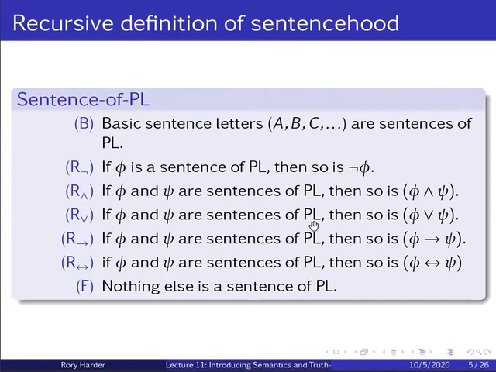So what we need for the semantics is a rule for saying that for any conjunction, no matter what the first conjunct phi is, and no matter what the second conjunct psi is, we need to give a rule for what the truth value of that whole conjunction is, given the truth value of the parts. And we can give a general rule like that, which applies no matter how complex the parts are, because ultimately we'll be able to break this down according to the other rules to looking at the truth value of the sentence letters. So let me try to explain that in a bit more detail.